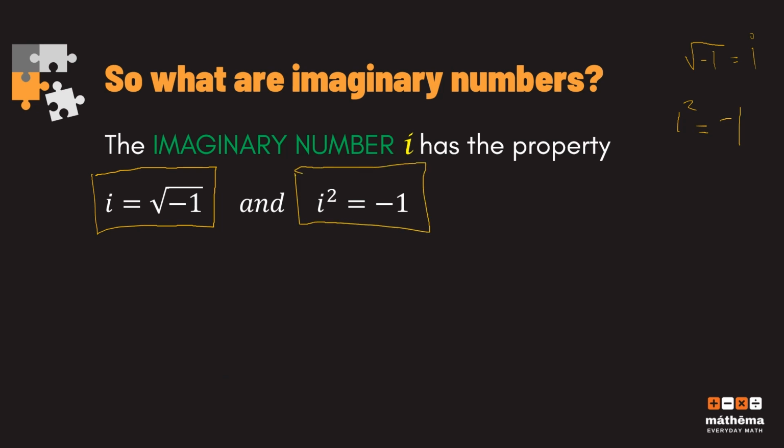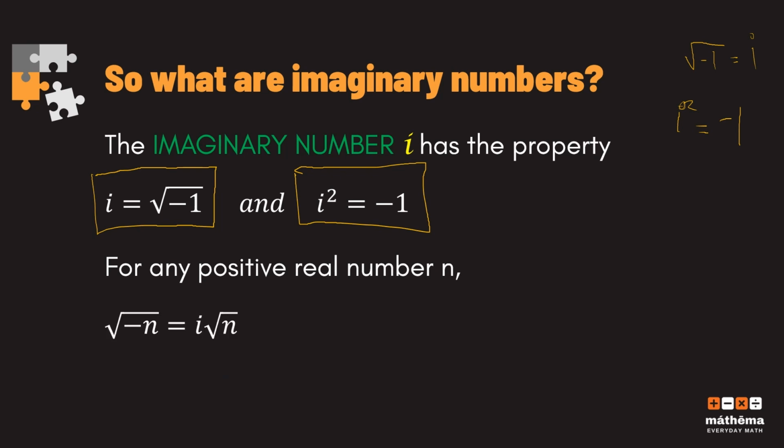Take note, the square root of negative 1 is I, denoted by I, which means imaginary, and I squared is equal to negative 1. And then, for any positive real number n, the square root of negative n is equal to I times the square root of n. Later, we will have examples for us to better understand this concept.